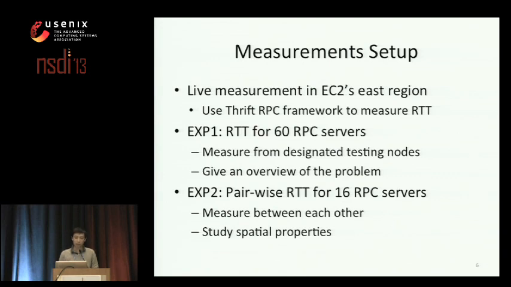In this talk, I'll present two experiments. In the first experiment, we used designated nodes to test the round-trip time against 60 servers in the same data center, and the aggregated result gives you an overview of the problem. Then, we studied the spatial properties of the problem by launching another 16 servers and letting them do pairwise RTT measurement against each other.